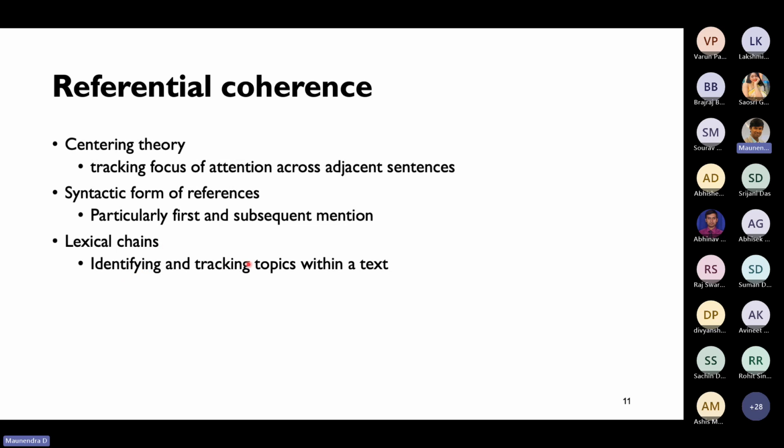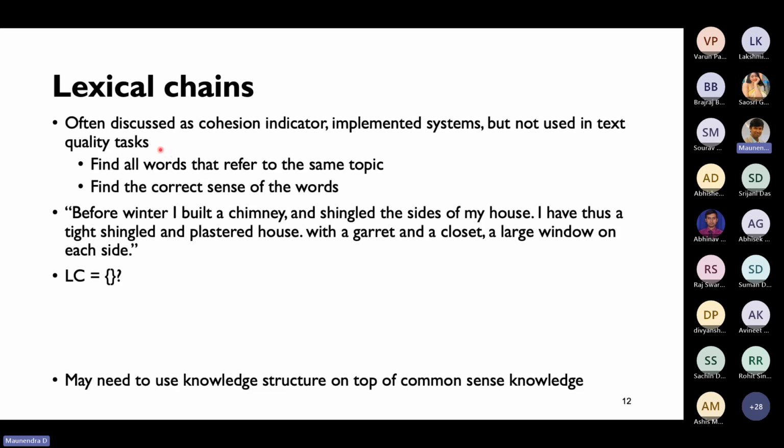It says that not only the same entity or object being referred to again and again, but a lot of related things also are being referred to again and again. Lexical chain is often discussed as a cohesion indicator implemented in systems, but not used for text quality terms. It is only for coherence estimation. So find all words that refer to the same topic, and for that, you need to have the correct sense of the words.